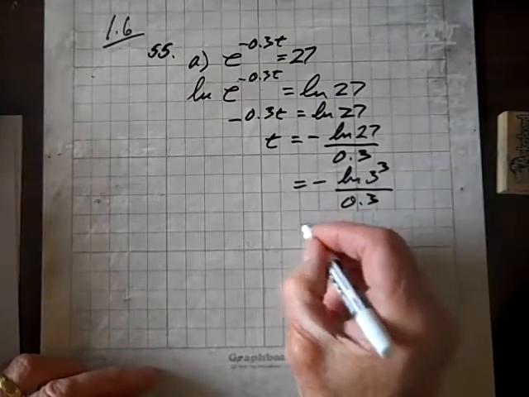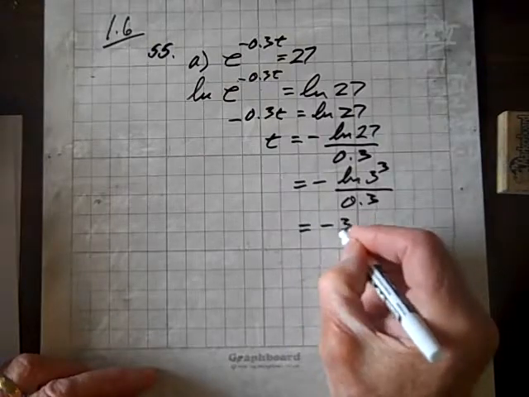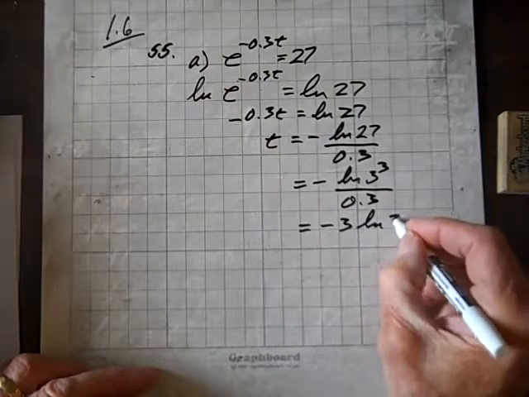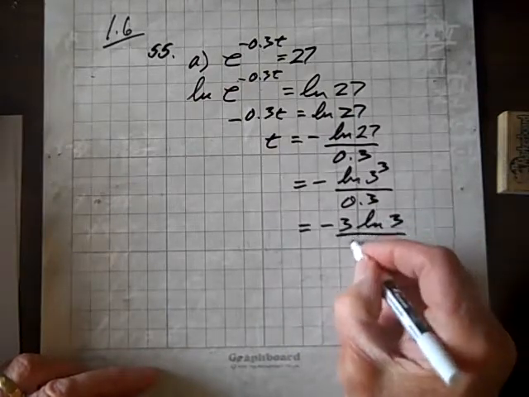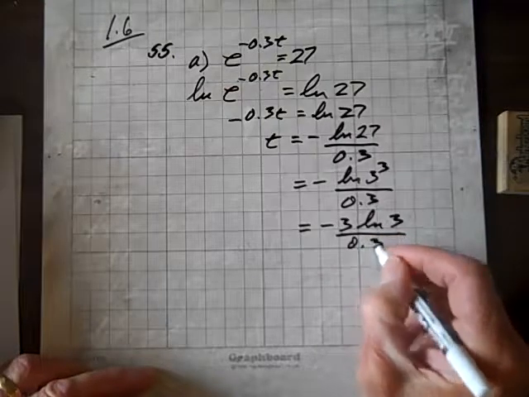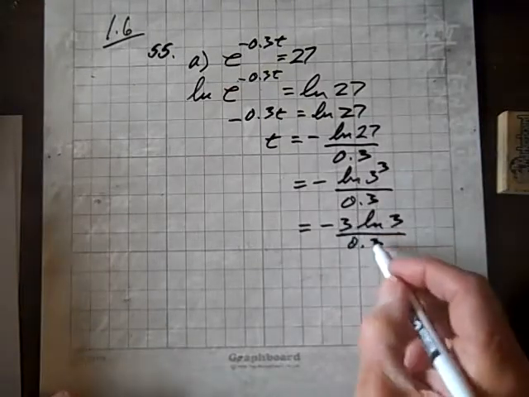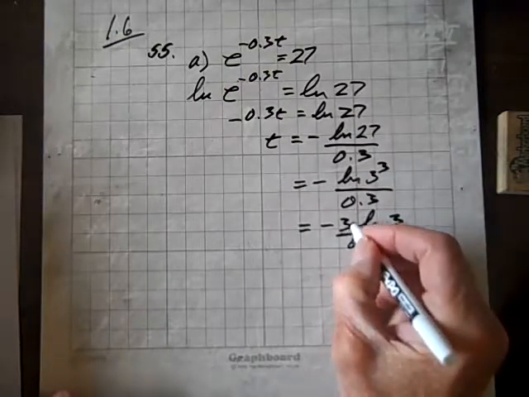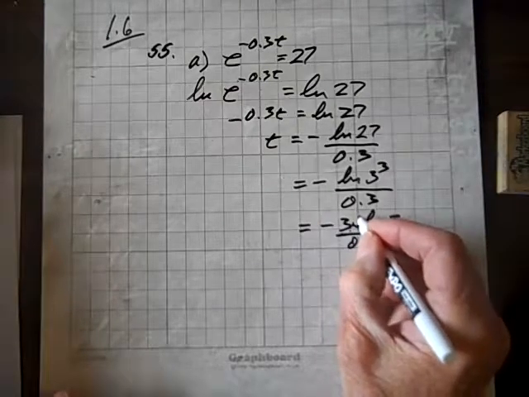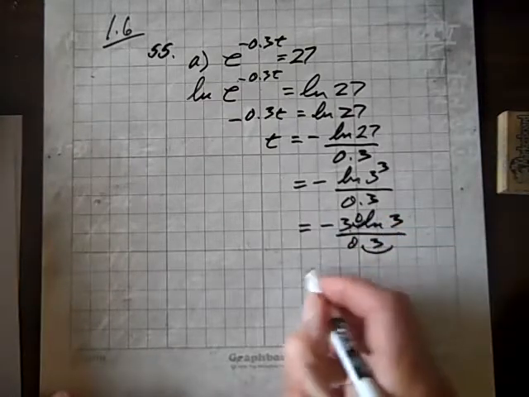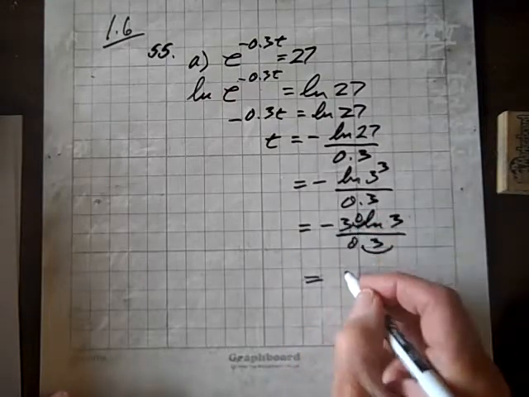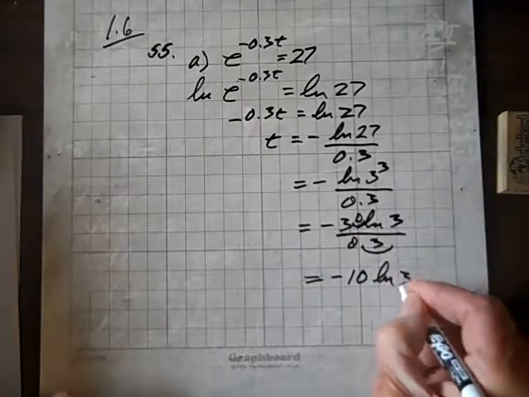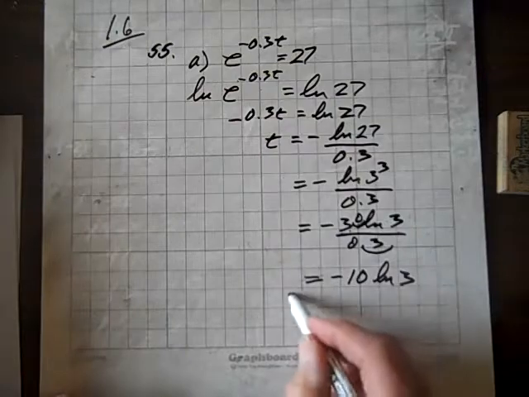So we can bring that 3 out in front, and we get negative 3 times ln of 3 over 0.3. So, oh boy, things are going to divide out here. I'm just going to move this decimal over 1, so consequently I have to move this decimal over 1 and put a 0 here. And so 3 goes into 30 10 times, so that's going to be negative 10 ln of 3 when the smoke clears.